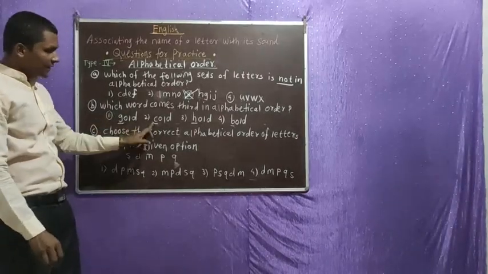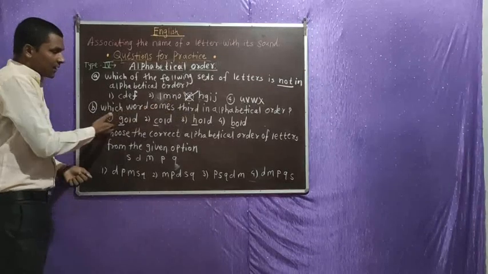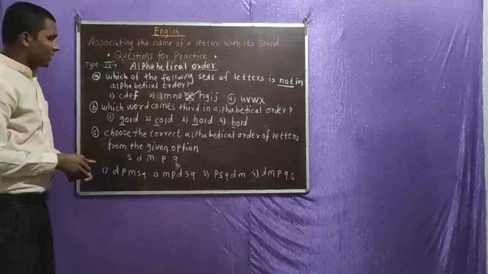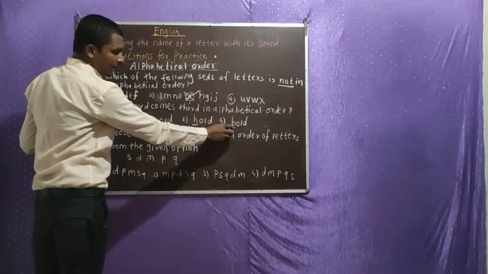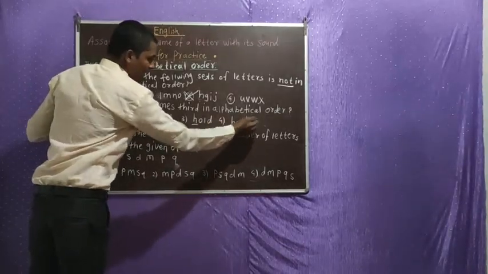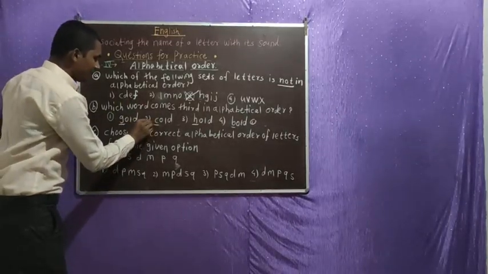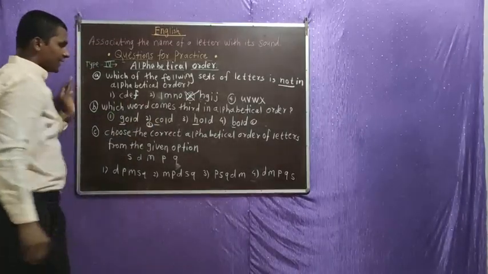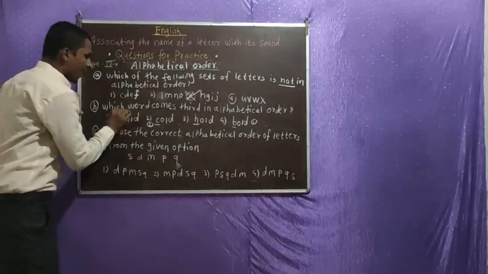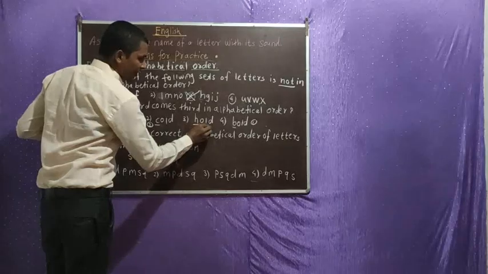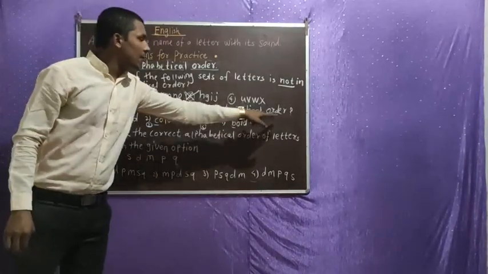Here G, here C, here H and here B. By observing all these 4 initial letters, which letter comes first? First is B. Then after B there is C. After C there is A, B, C, D, E, F, G. This is third. And GH, this is 4.